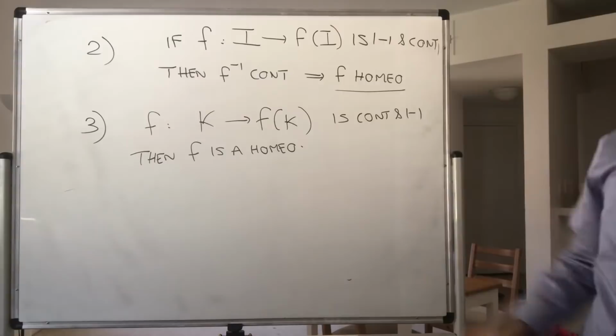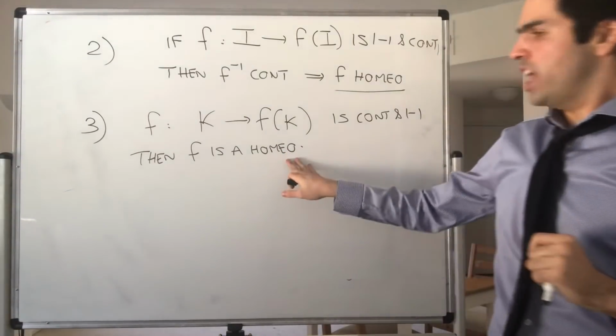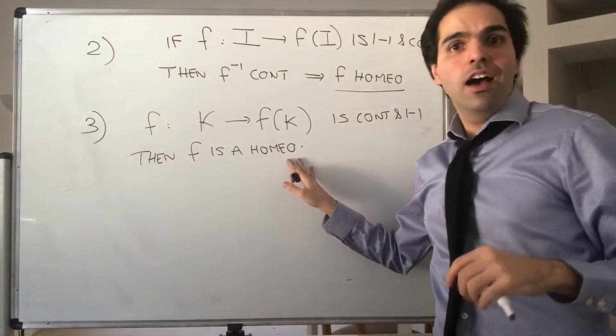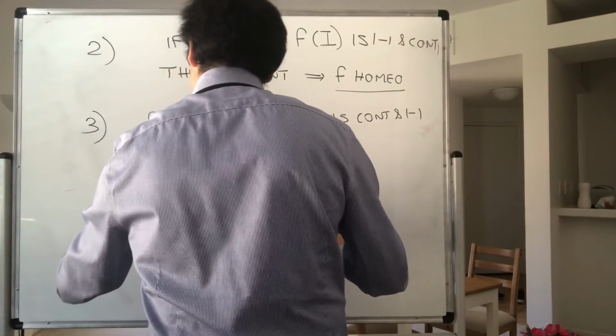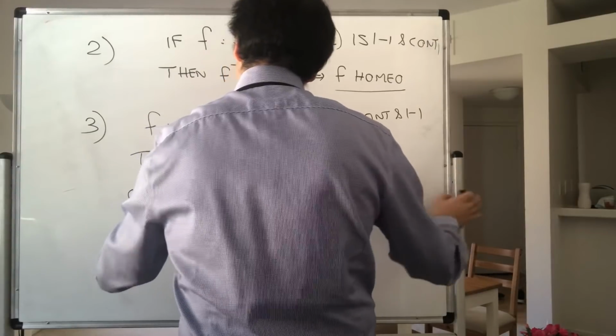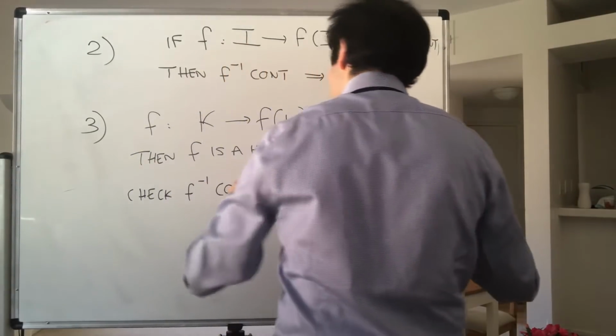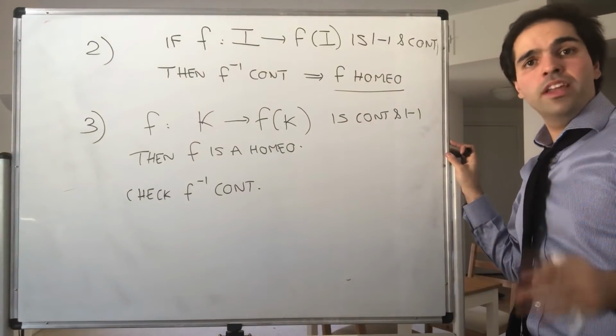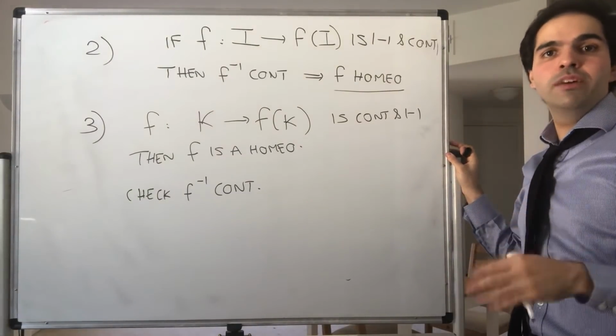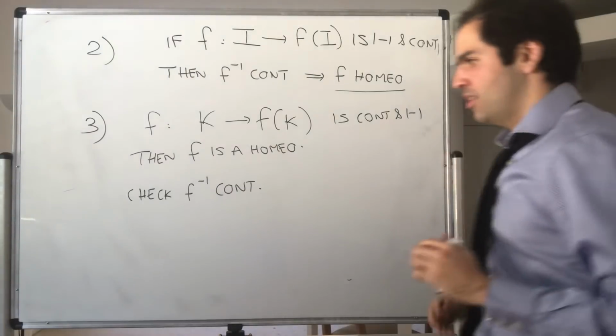And the reason for this is, well, to check it's a homeomorphism, we just need to check that f inverse is continuous. Which just means the pre-image of any open set is open, or equivalently, the pre-image of any closed set is closed.